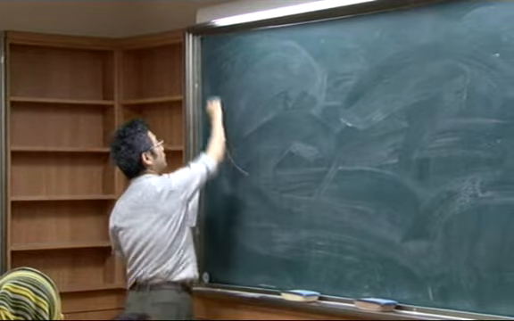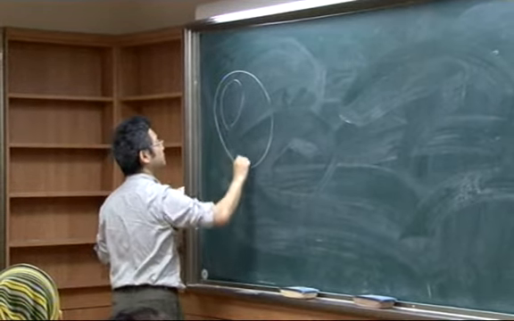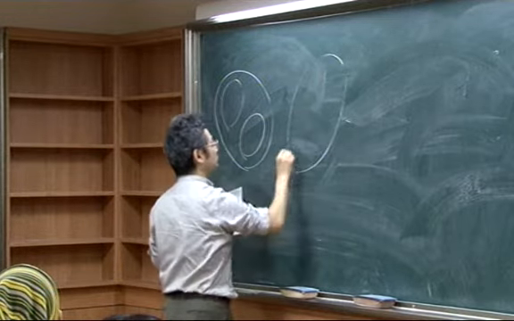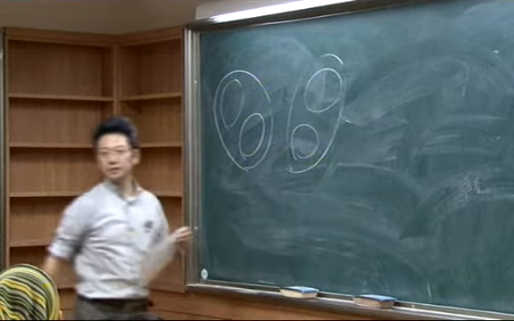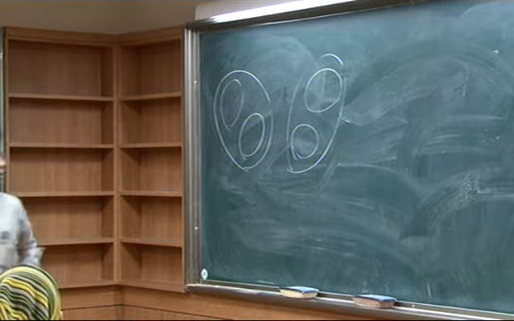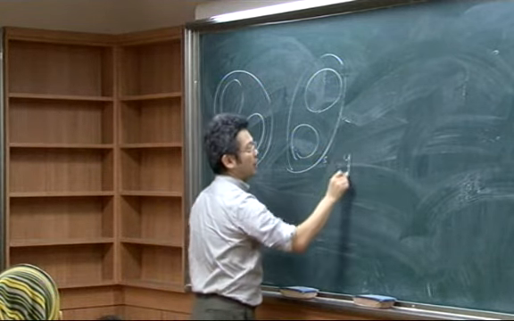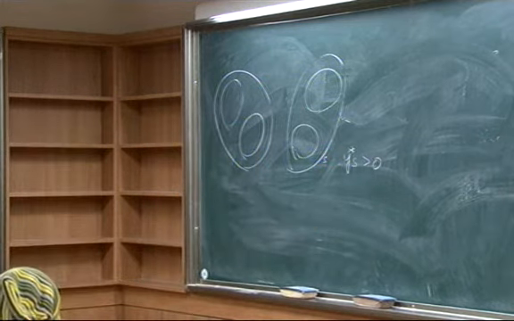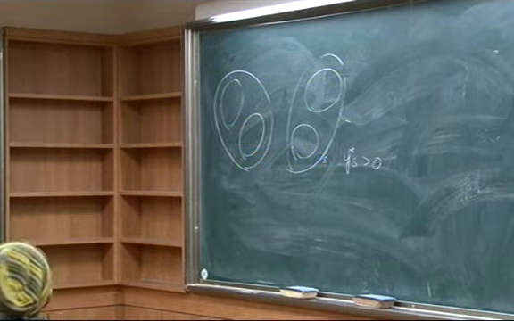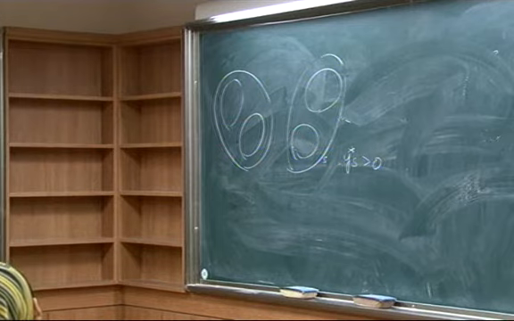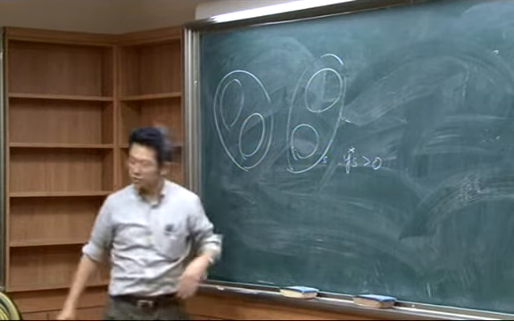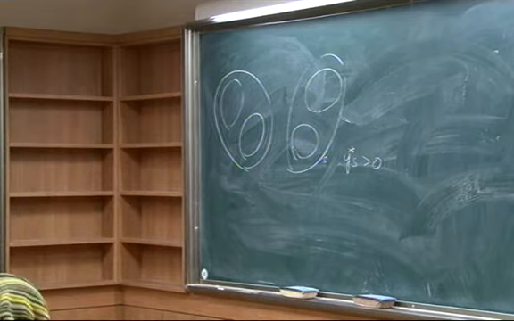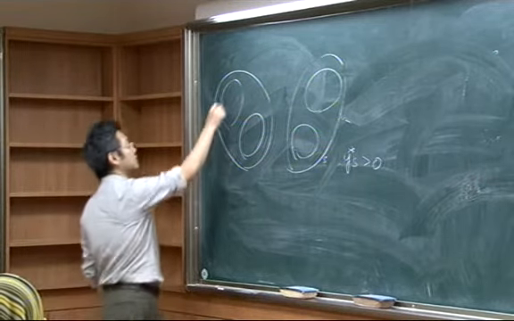So let me draw some picture. Okay. So these are laminar families. We have y_S star is positive. Now, based on that information, I would like to find an appropriate T. Okay.